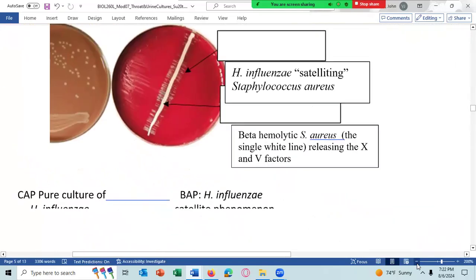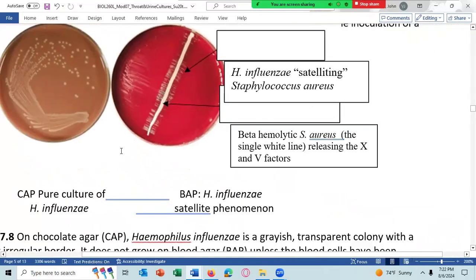So normally we just grow it on chocolate agar. Chocolate agar is the same as blood agar. The difference is you add the blood when the media comes fresh out of the autoclave, and it's so hot that it lyses the blood, making the agar look brownish. That's why it's called chocolate agar, because it looks like they added chocolate.